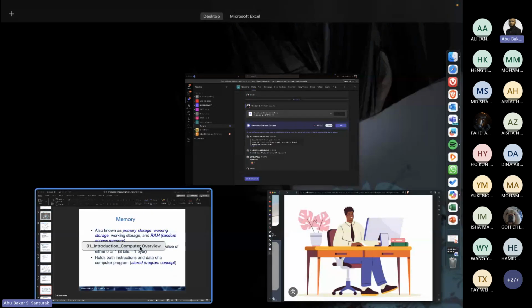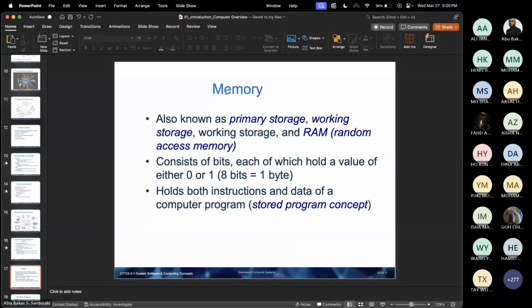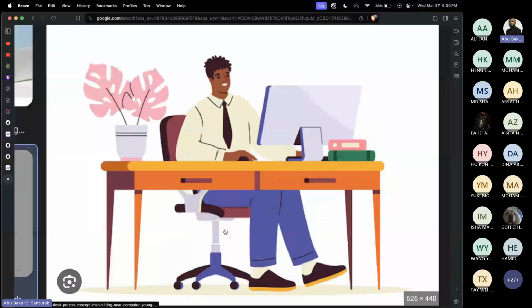When we looked at the concept of memory, what is memory and how does it fit into the description of how a computer works? Well, this is how it works. I want you to imagine this guy has a bag, an office bag that he comes from home with. Inside the bag, he might have his laptop, a bunch of books, a calculator, and some documents.